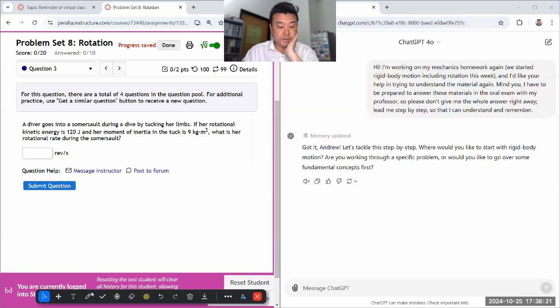So I'm being given rotational kinetic energy. Let me call this kinetic energy rotational. And I'm being given moment of inertia.